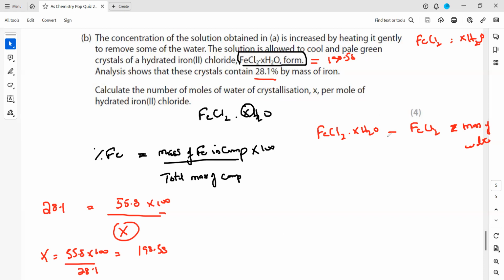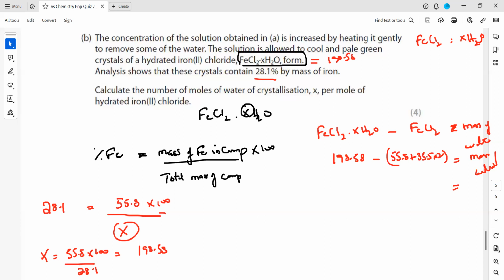So first we want to find the mass of water. The mass of hydrated iron(II) chloride is 198.58 minus the mass of iron chloride. Iron is 55.8 plus chlorine is 35.5 multiplied by 2. This will give us the mass of water in this compound.